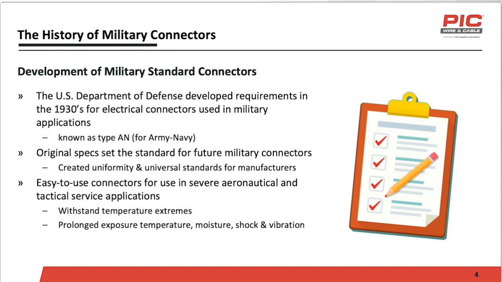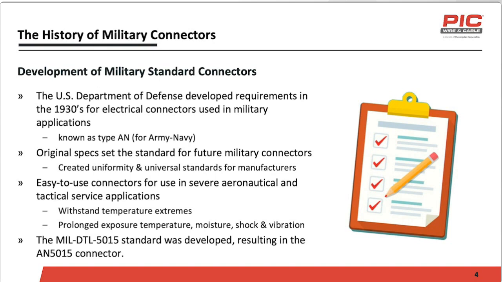From these original standards came the emergence of the MIL DTL 5015 standard, and several types of connectors later came from this standard. The AN 5015 connector became the standard for all other military circular connectors developed from then on.